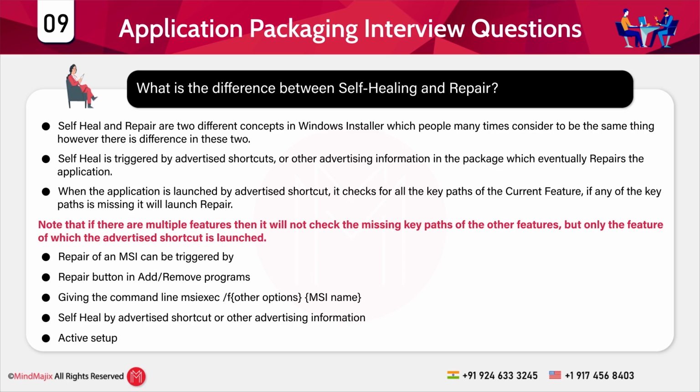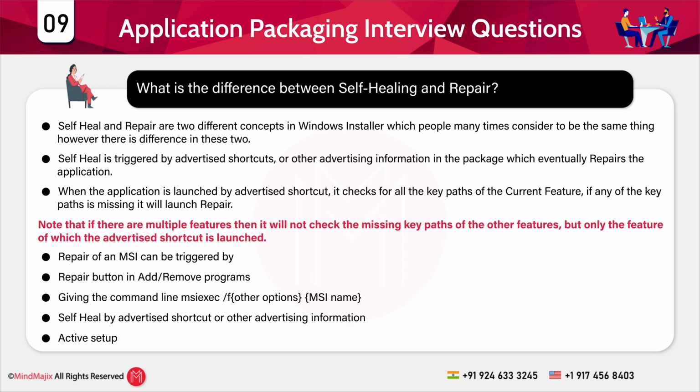And how is it going to repair? When an application is launched, it will check for the key path of the current feature, and if any of the key paths is missing, it will launch repair. We also have to note that there can be multiple features. It checks the key path of the current feature, not multiple features.